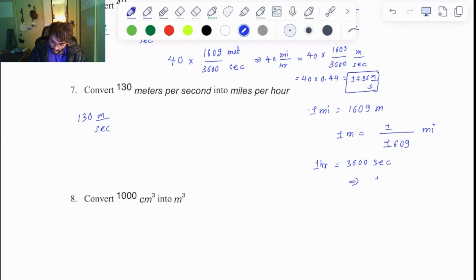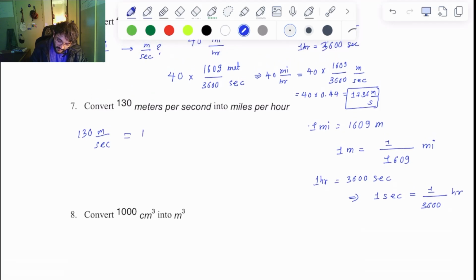This means that 1 second is equal to 1 over 3600 hours. So that means this is equal to 130 times 1 meter, which is 1 over 1609 miles, divided by 1 second, which is 1 over 3600 hours. So we'll just use the calculator here.